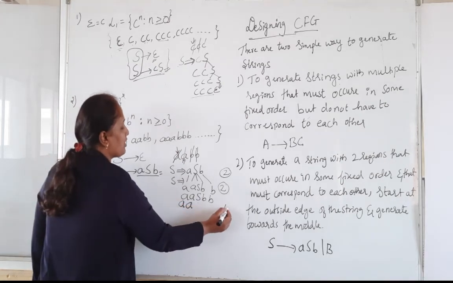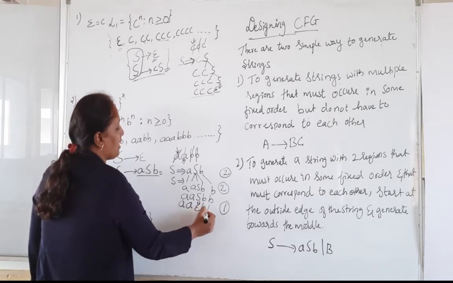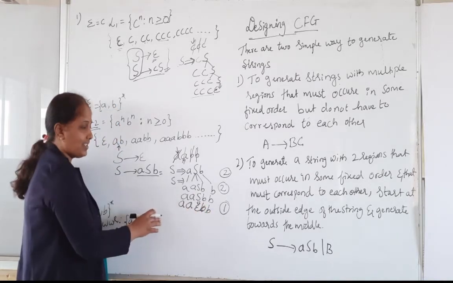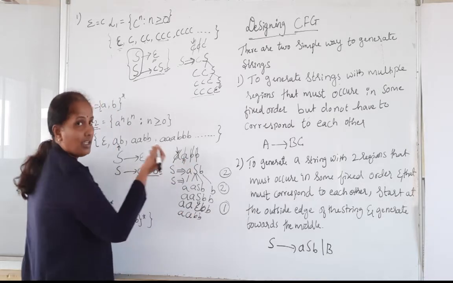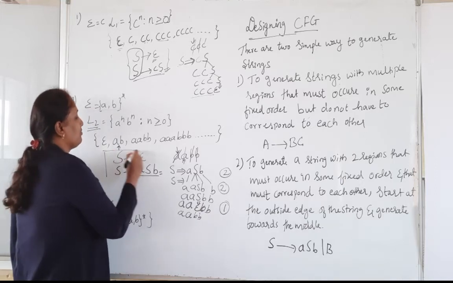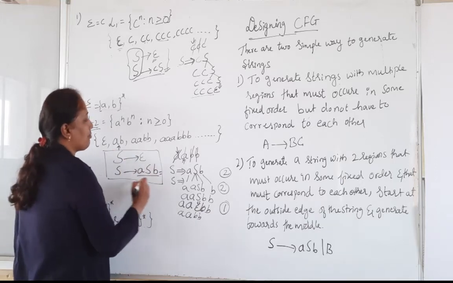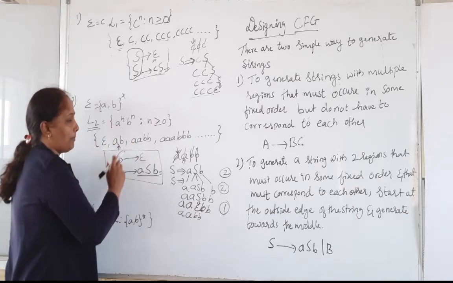In the next step, by using rule 1, I can substitute this by epsilon and keep the remaining things as they are. So at the end what I get is AABB, which is equivalent to the input string. Based on that I can say this grammar will accept any number of A's, any number of B's where A is followed by B.